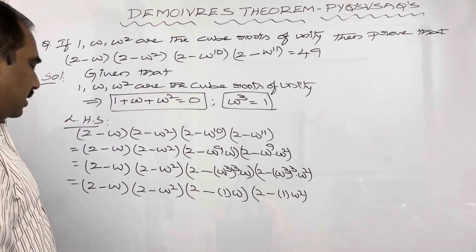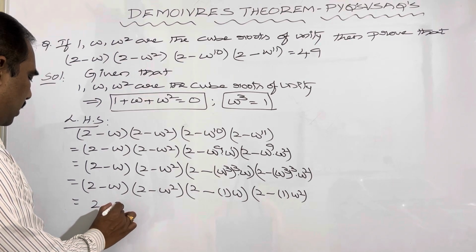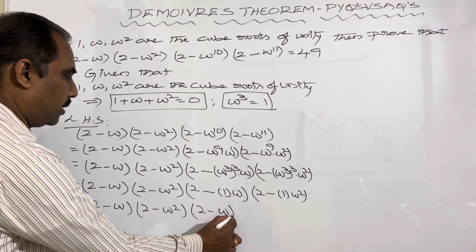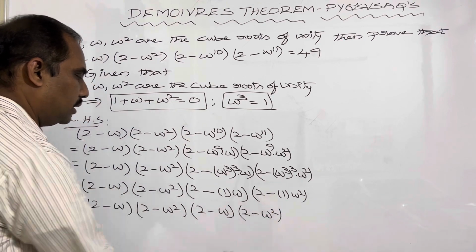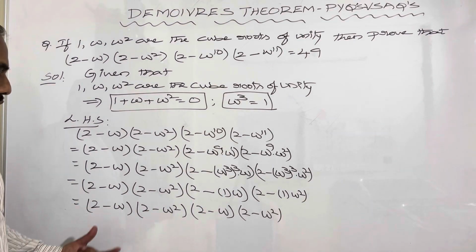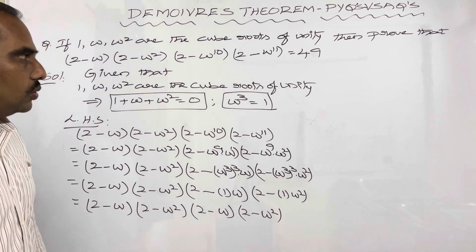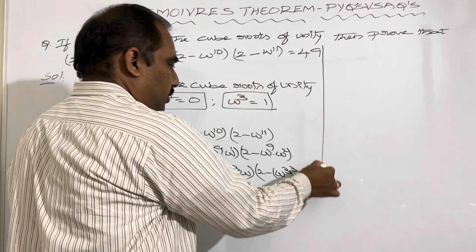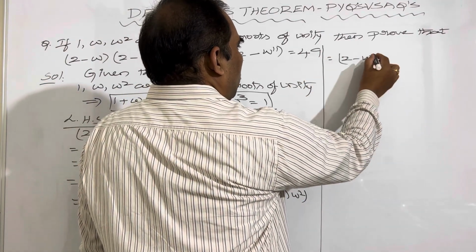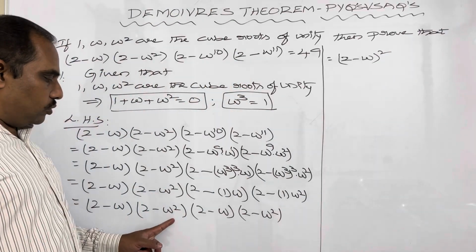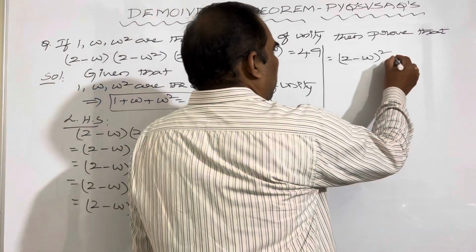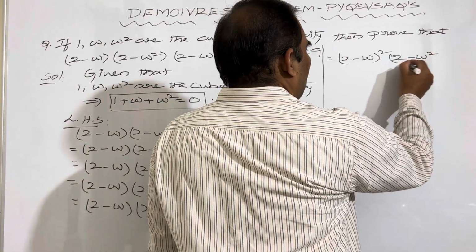Finally we get (2 minus omega)(2 minus omega square)(2 minus omega)(2 minus omega square). Observe that 2 minus omega appears in the product two times, so we can write (2 minus omega) whole square, and also (2 minus omega square) whole square.